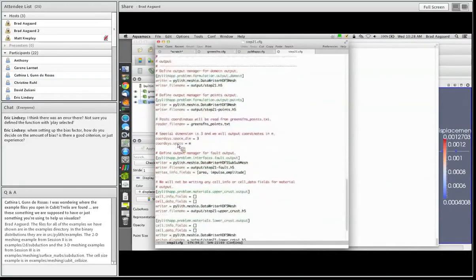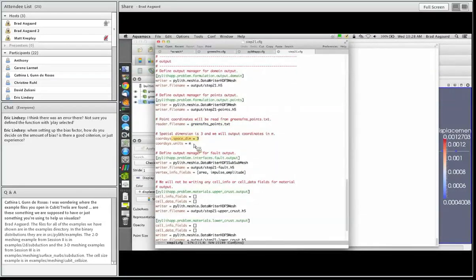Remember we have an impulse amplitude of 1 at the vertex, decreasing linearly to 0 at the surrounding vertices. So this is essentially the area that would be associated with the amount of slip for that particular vertex.